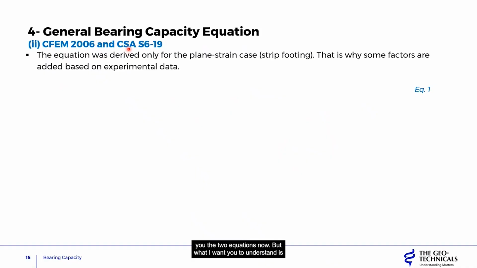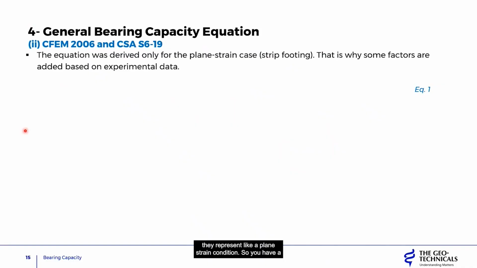But what I want you to understand is that this equation is derived for the plane strain case. What's the meaning of plane strain? It means there's only strain along this plane, and there's no strain in the perpendicular direction. That's plane strain, which is basically the definition of the strip footing, and most 2D software represents a plane strain condition.